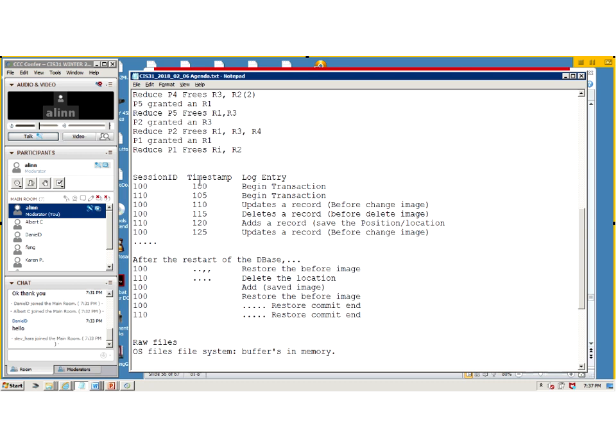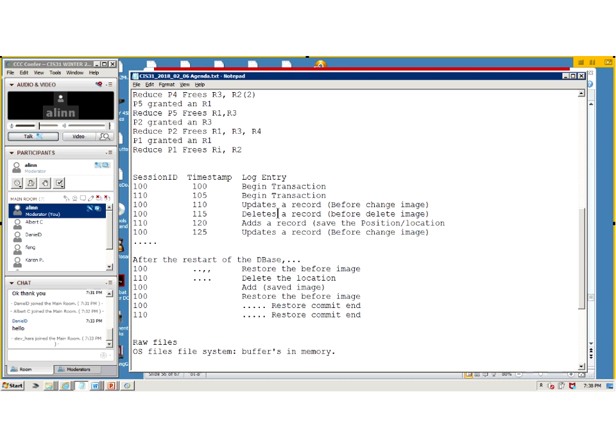Each event is going to occur at a certain timestamp. Session 100 at timestamp 100 issues a begin transaction, and then the second session at timestamp 105 does a begin transaction. Then session 100 at time 110 updates a record, and the before-change image is stored. Okay.